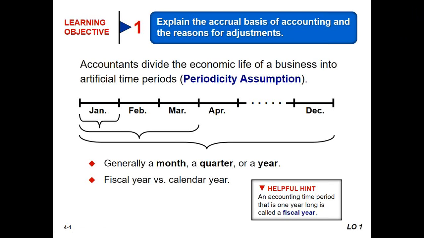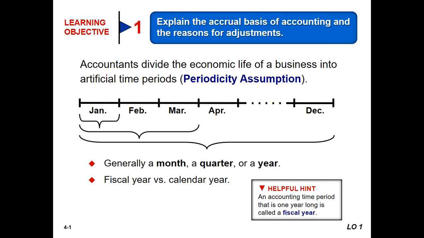We've talked about this word I cannot say, periodicity assumption. In every other textbook, it's the time assumption, or something like that, but I guess these people like this word, so we'll use it. We divide the life of the company into periods of time.